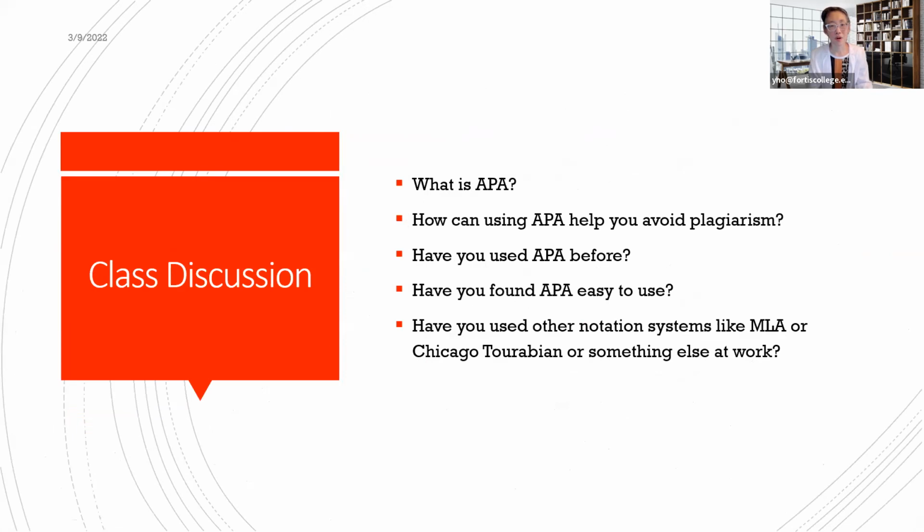And so before we finish this section, so Lisa, what is APA? I don't know what it stands for, but I know that it's this type of citation, this type of way to write a paragraph.